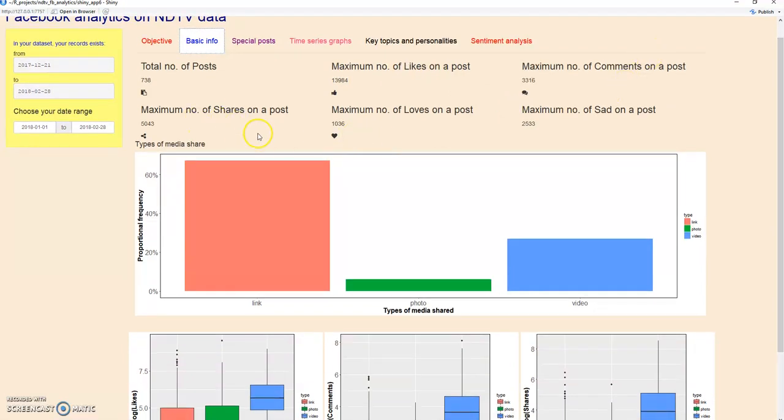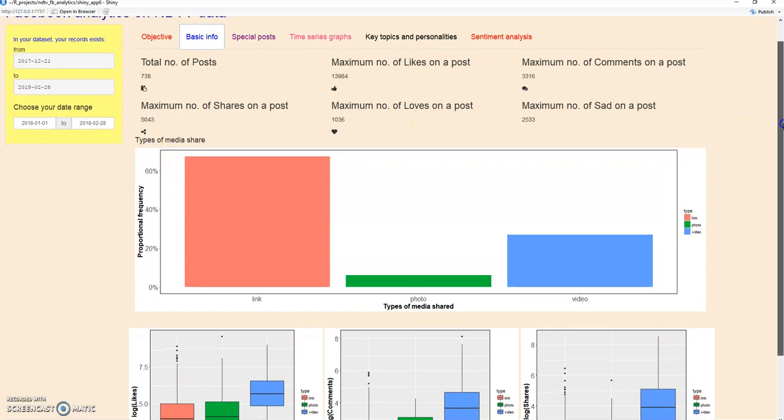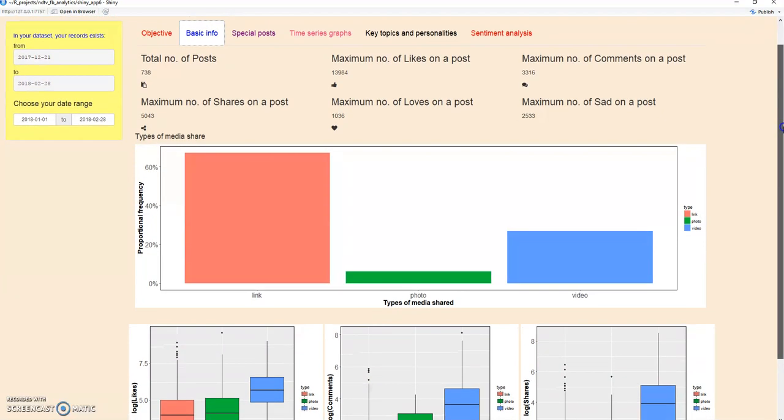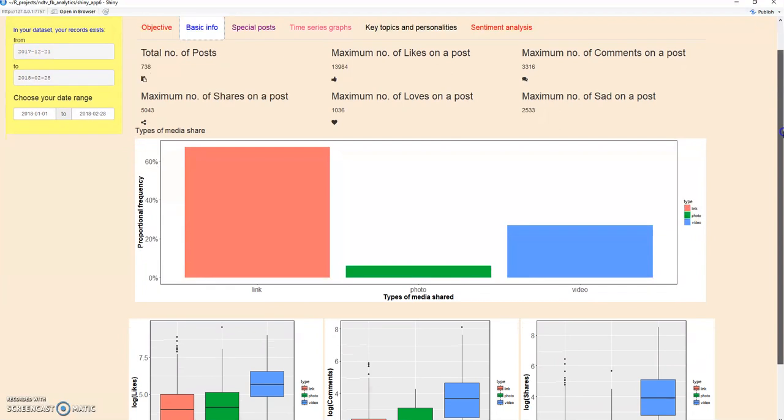We also have corresponding figures for shares, loves for a post, and the number of sad comments that were posted for a particular post.